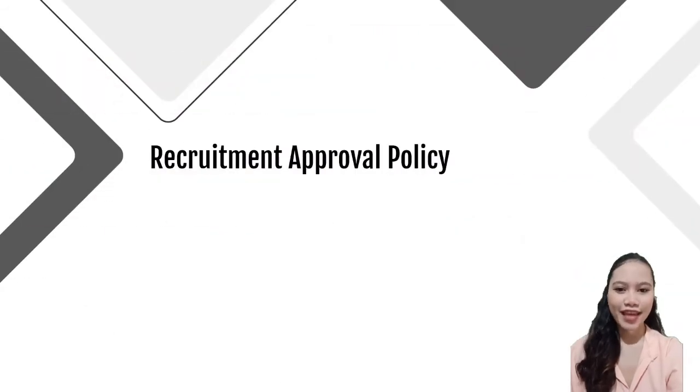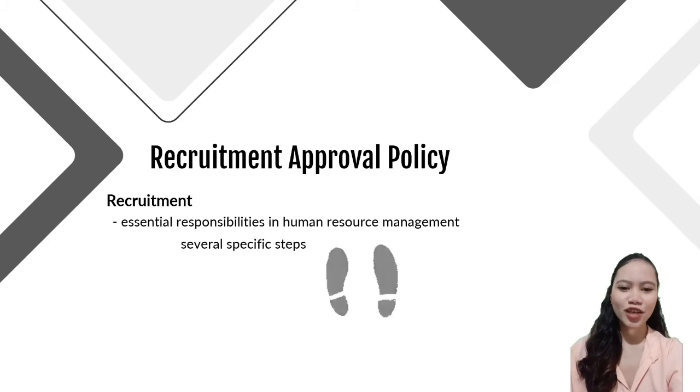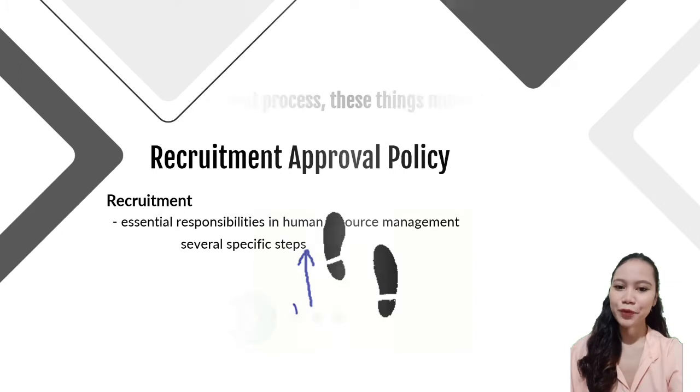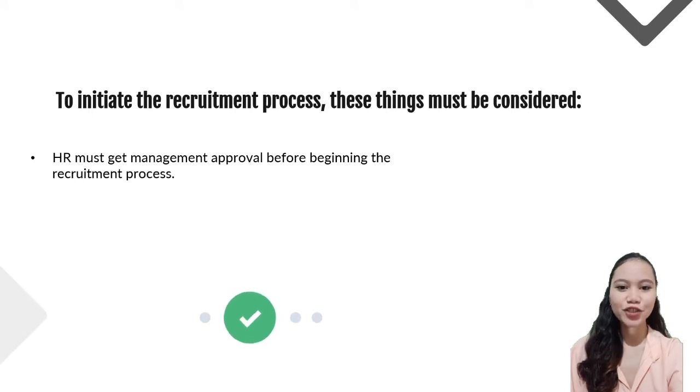We all know that recruitment is one of the most essential responsibilities in human resource management. But before initiating the hiring process, it is suggested that several specific steps are taken by an employer. To initiate the recruitment process, these things must be considered. HR must get management approval before beginning the recruitment process.